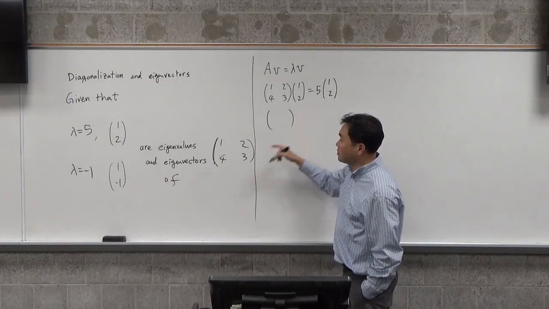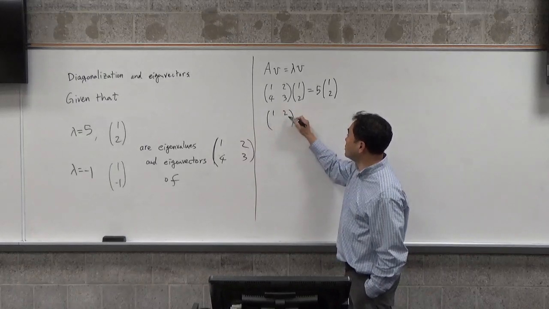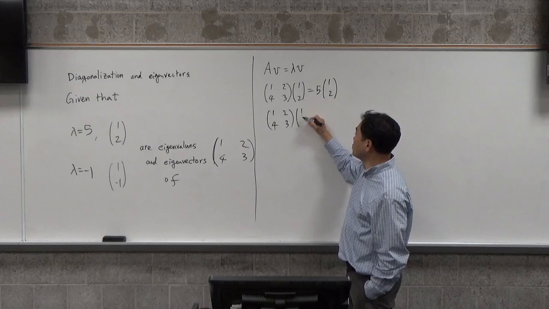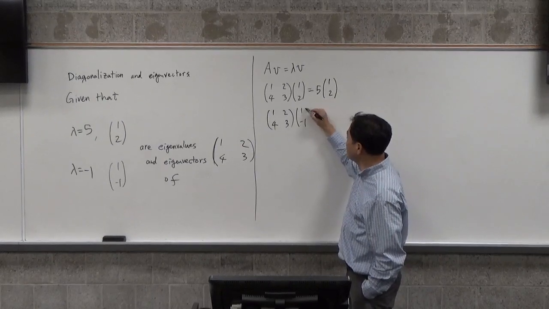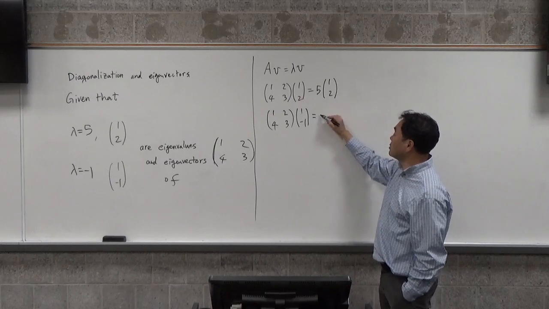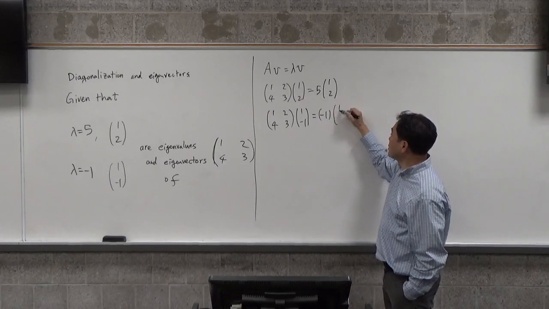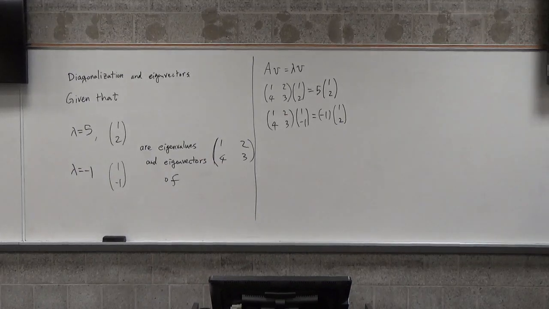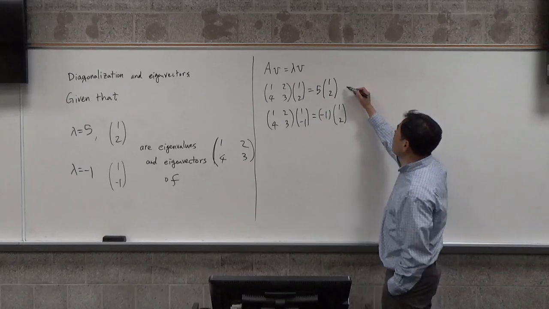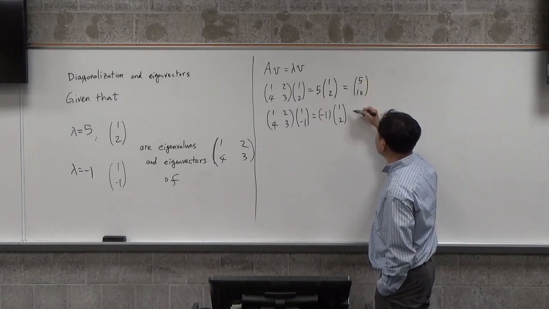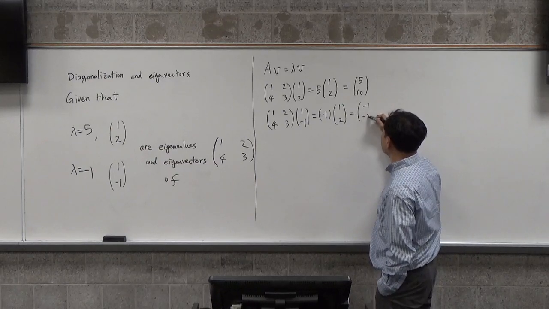And then this next one would be [[1, 2], [4, 3]] times (1, -1) gives you negative 1 times (1, -1). Which is, you have (5, 10) here. This will be (-1, 1).